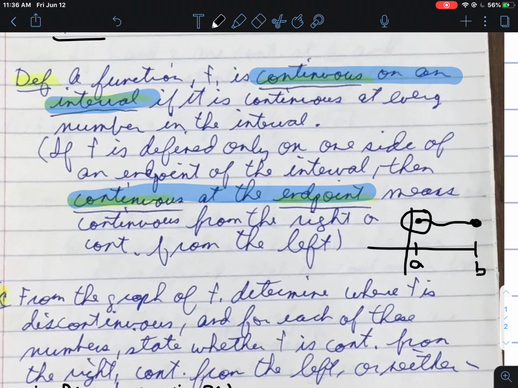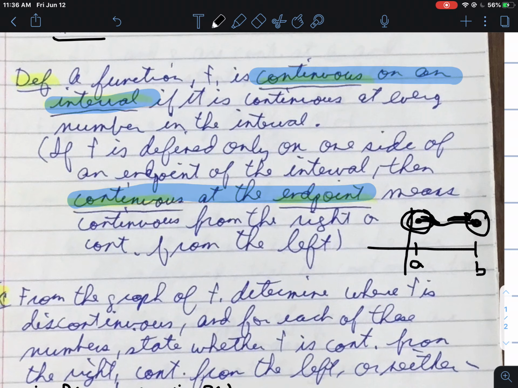From the right. a is the left boundary point of that interval, but continuity at a means I'm looking at the limit as x approaches a from the right side being equal to f of a. And then just the opposite would be true for b. This would be continuity from the left, because f of b, whatever that value happens to be, would be the same as the limit as we approach b from the left side, but b is the right endpoint of our interval. That I think just sometimes throws people off, just because of the whole right-left thing.